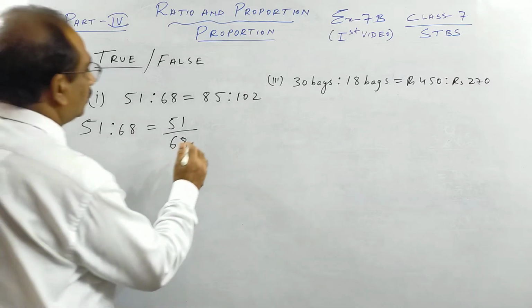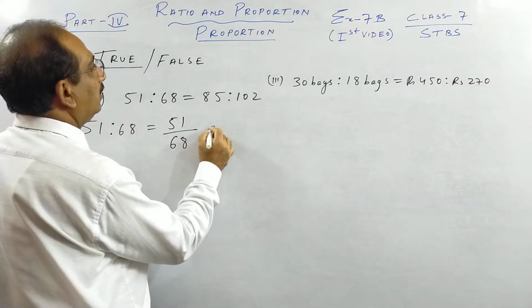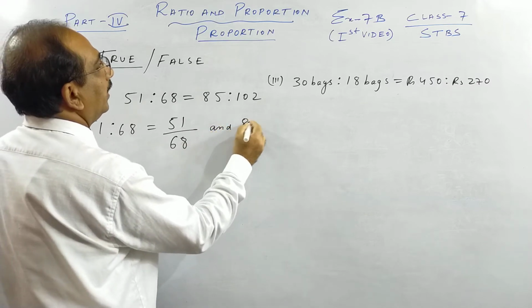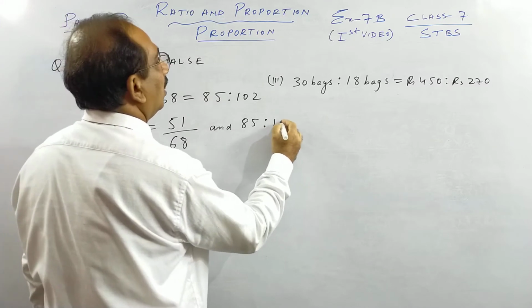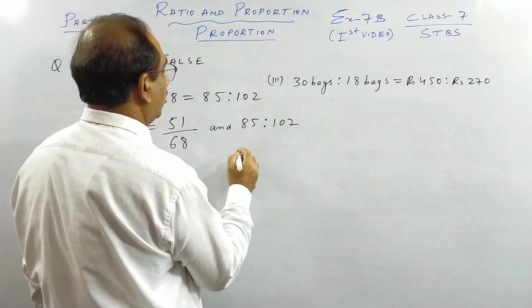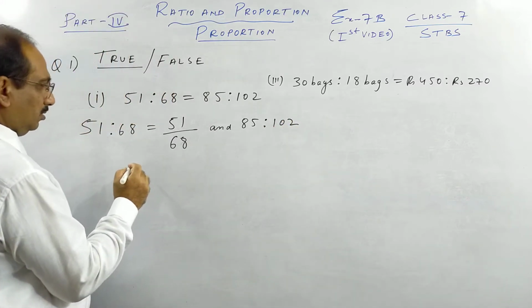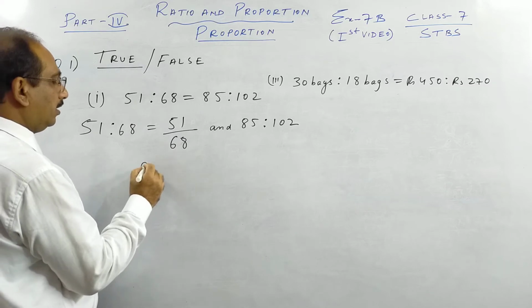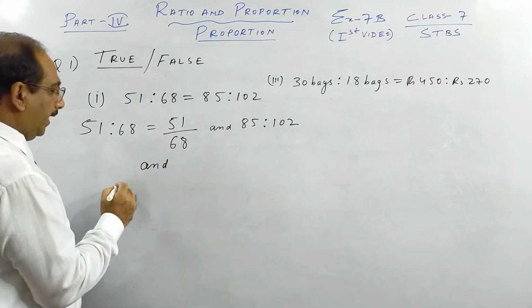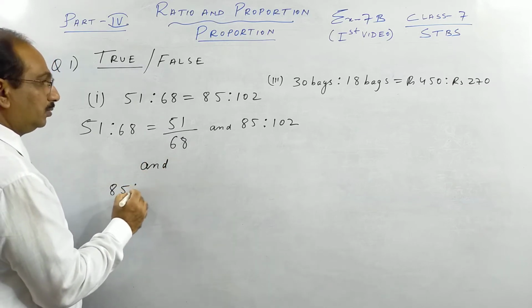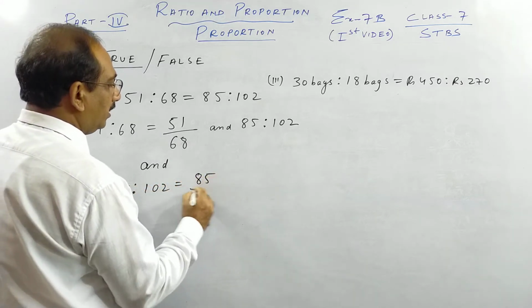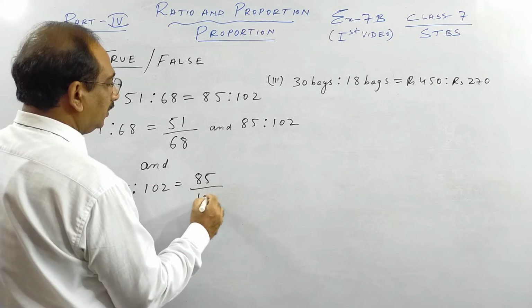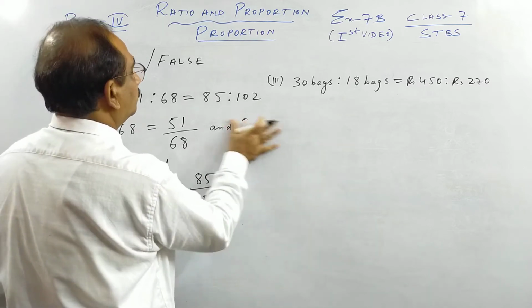Now you see, 85 is to 102, we can write it as 85 by 102.